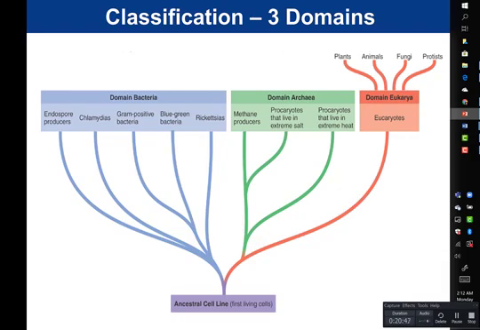If we look at domain eukarya, these are again going to be made of eukaryotic cells. And so within domain eukarya, we can have our four kingdom system: plants, animals, fungi, protists. And then we can keep classifying and getting more specific as we move through this hierarchy.